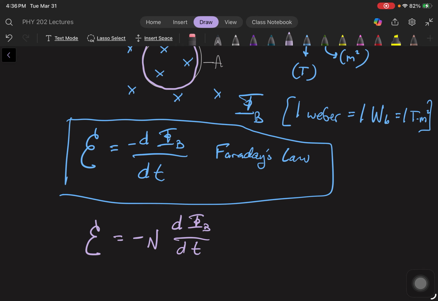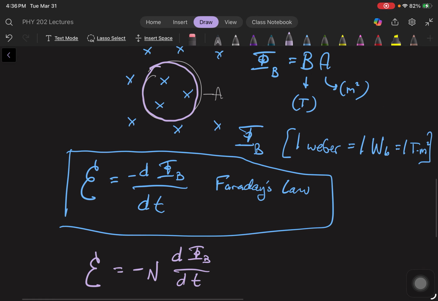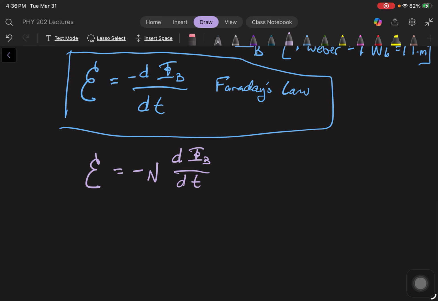Right, and so if we have the same change in flux going through one loop, if we have multiple coils, we just multiply by however many coils there are. And so we can conclude more loops, greater EMF.